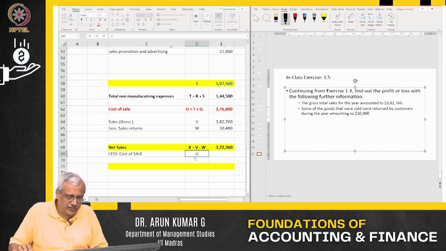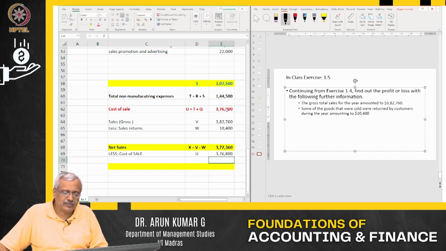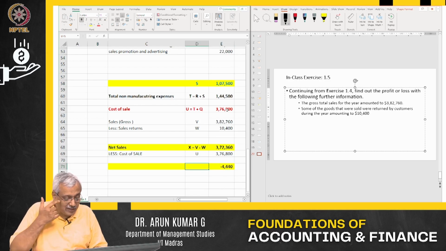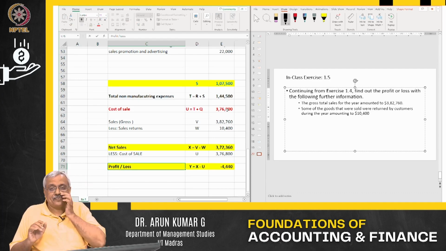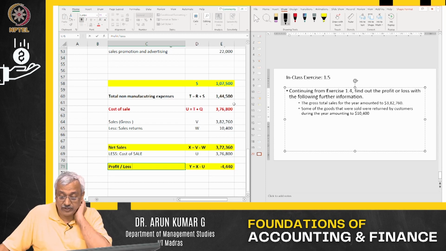That will give me the profit or loss in this particular case, that is Y is equal to X minus U, and this is what we will term as profit slash loss. So we got a profit or loss here.